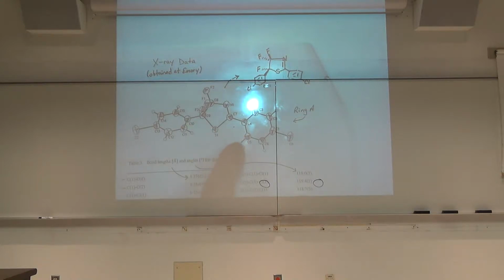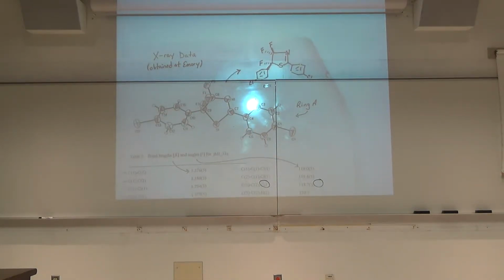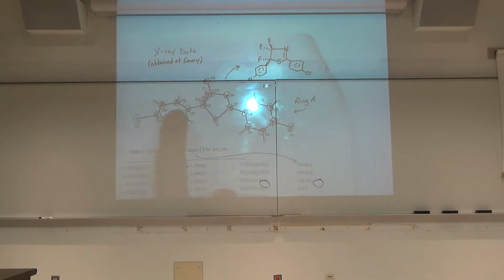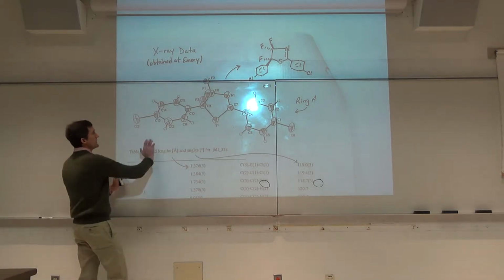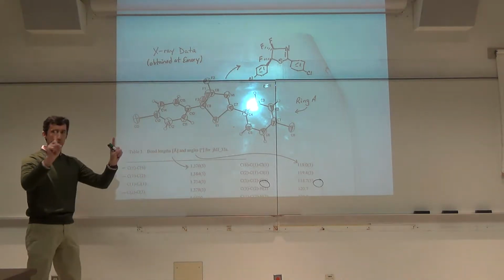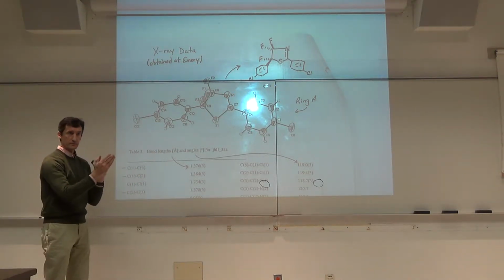This is experimental data. And you can kind of see some of the 3D nature because we got these tetrahedral carbons here and here. What you see is that the ring is very planar, because these p orbitals overlapping makes everything planar.